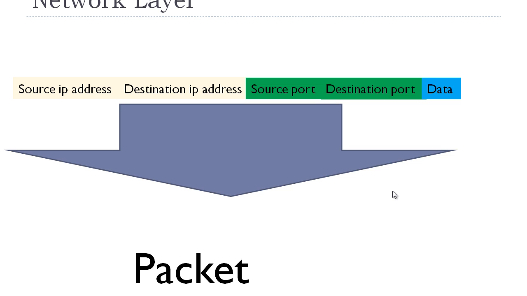We are just adding. If you are in the encapsulation process, we are adding stuff to the data, and the data is going to change name. From the transport layer it is a segment, from the network layer it is a packet.